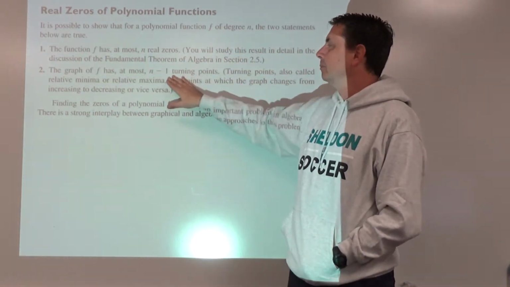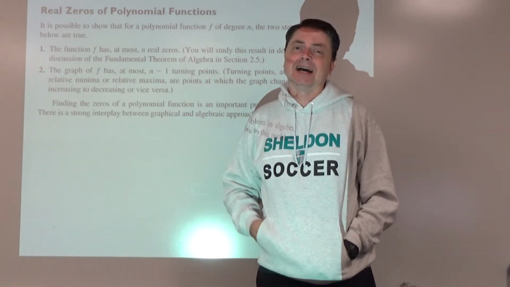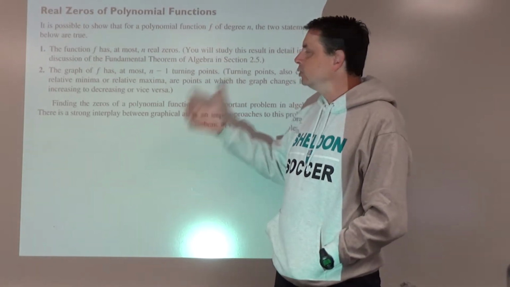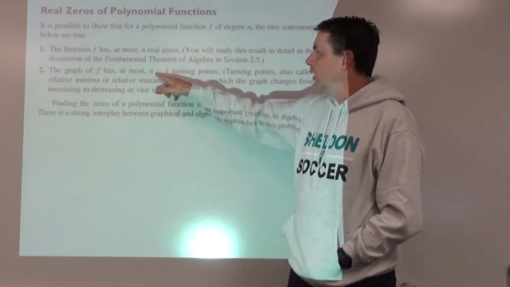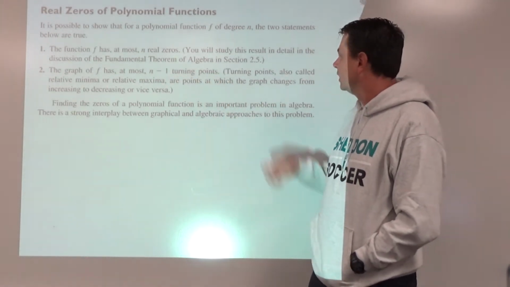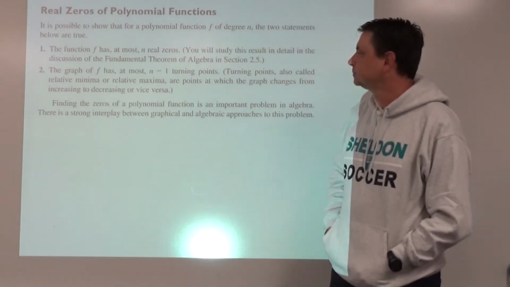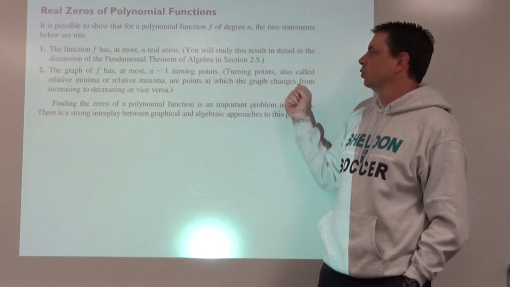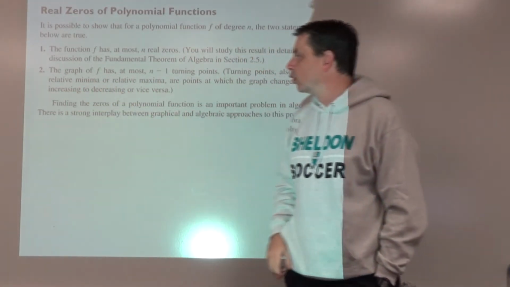What is the maximum number of turning points? Not necessarily how many turning points it has, but at most it would have n minus 1, one less than the degree, that many turning points. Okay. Turning points are also called relative minima or relative maxima. It happens where the graph changes from increasing to decreasing or vice versa.